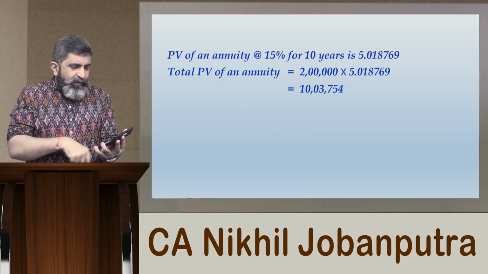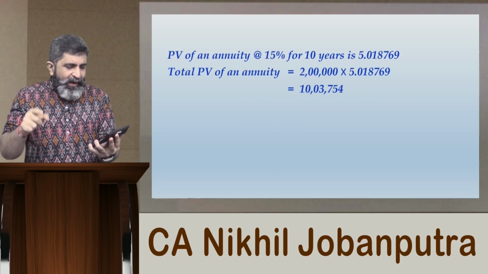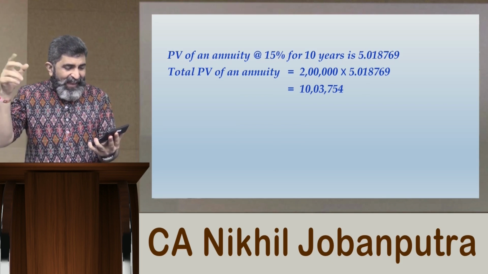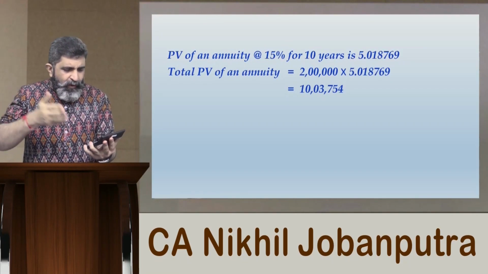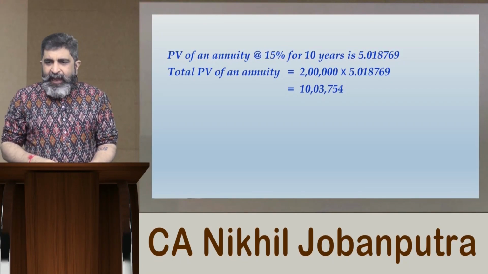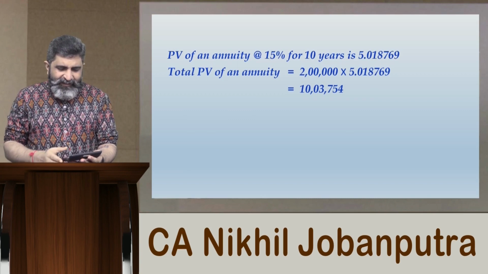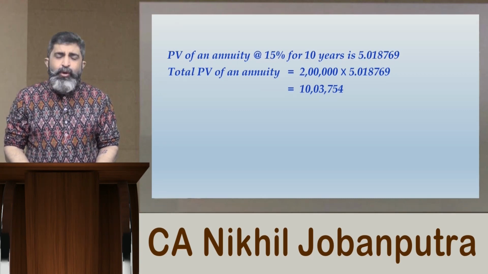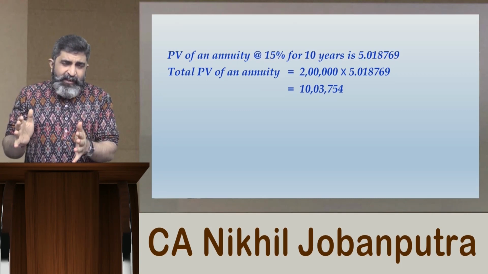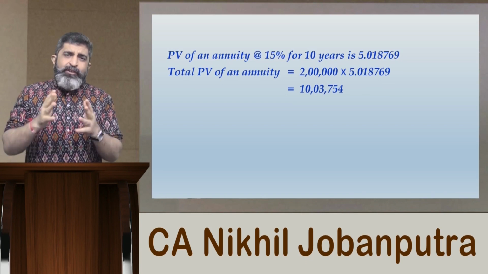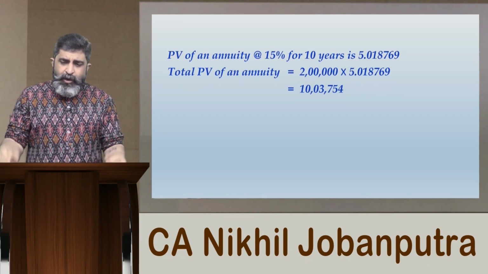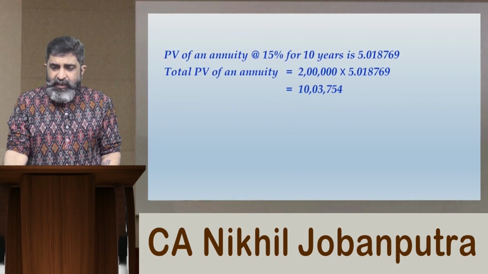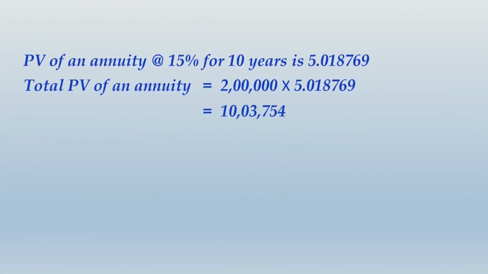Press GT and you get 5.018768. So you can round it off to 877, or you can round it off to 8769, whatever. So once you get that factor multiplied by the annual cash flow of 2 lakhs, you will get the total present value of this annuity. So please check it again, and once you have completed this, we shall move ahead.